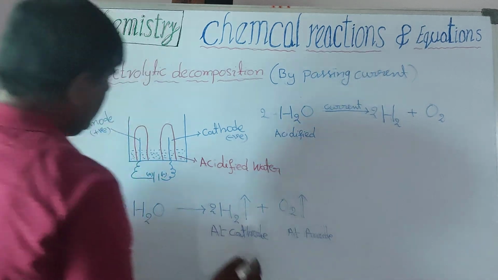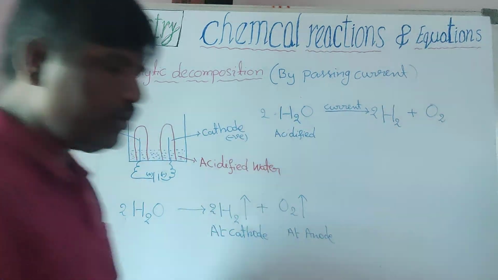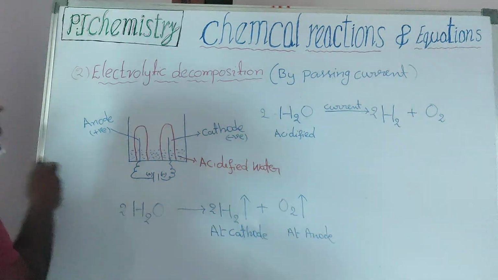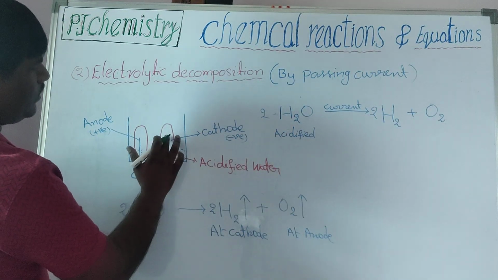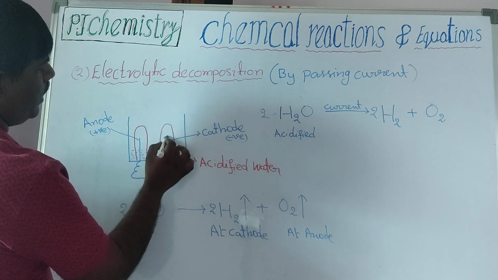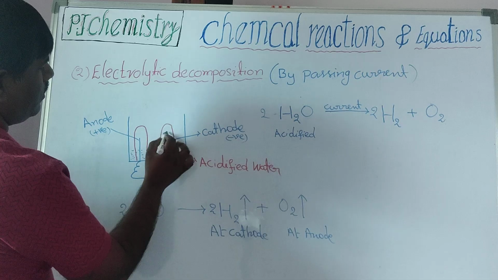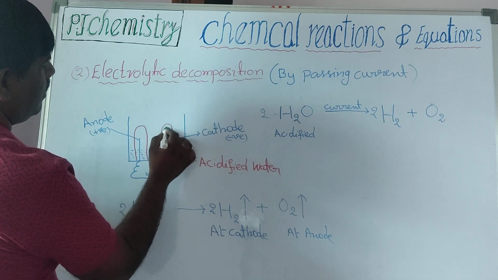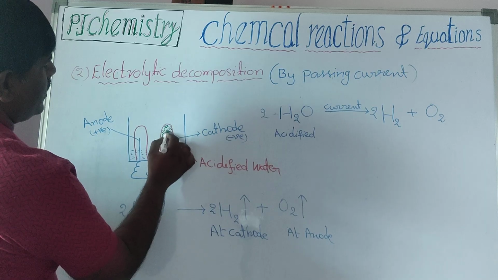So in the cathode test tube, hydrogen gas is liberated, and it has more volume. They give a diagram like this and ask which is the cathode and which is the anode.